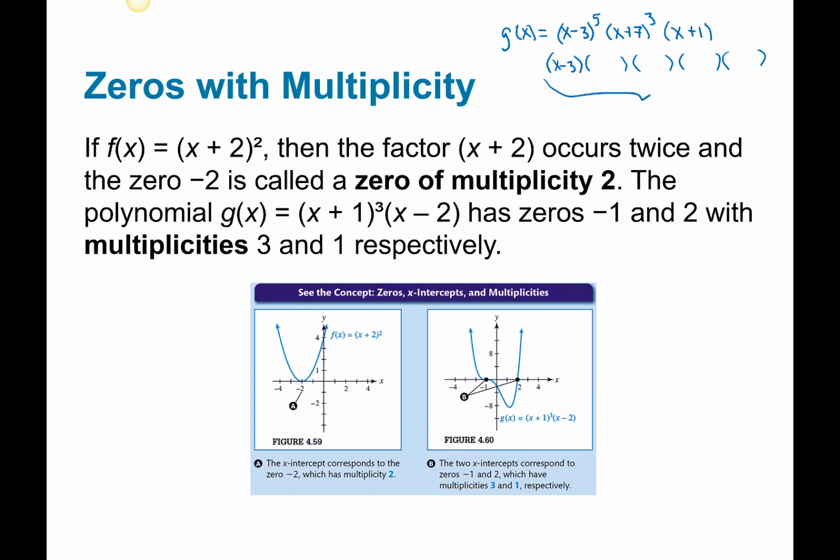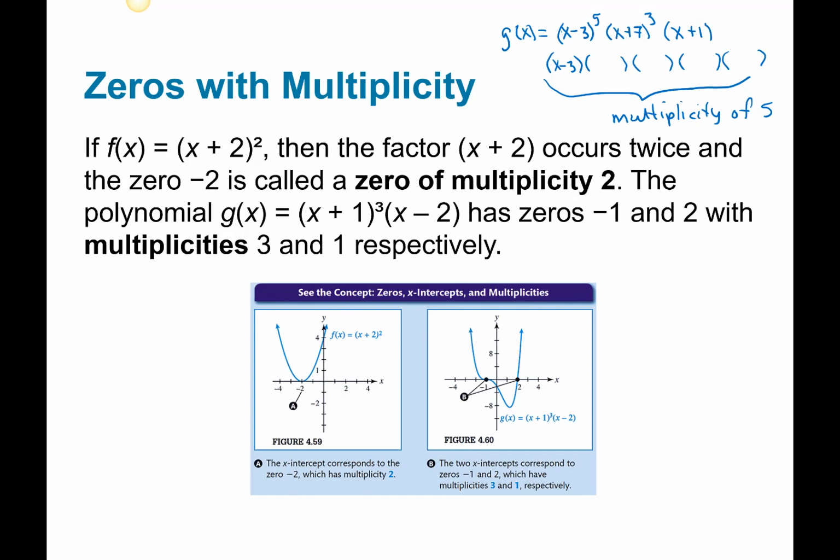This is termed a multiplicity of 5. Does that make sense? The x plus 7 is a factor with a multiplicity of what? 3. And then the x plus 1 has a multiplicity of 1.